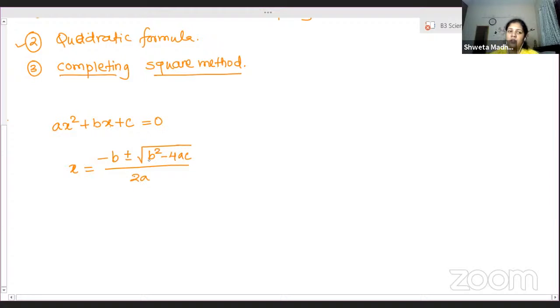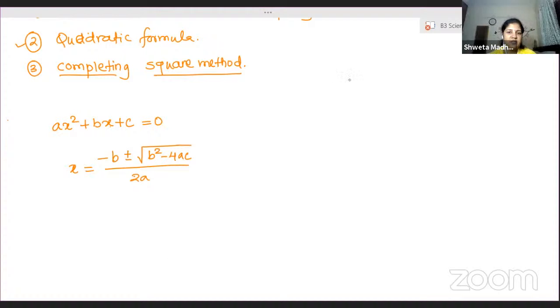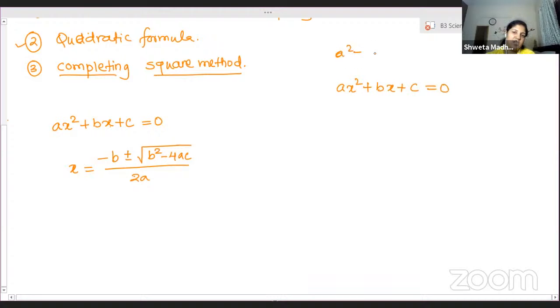Okay. So I will derive this. By using the factorization method, we can derive it. See here, this is ax square plus bx plus c equal to 0. Now we have to write it in the form of a square plus 2ab plus b square. Here x square is there, but a doesn't have a square.